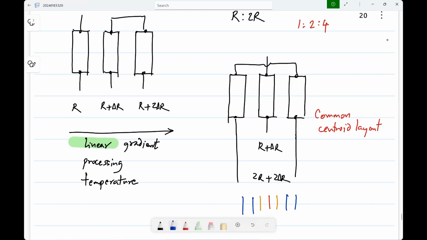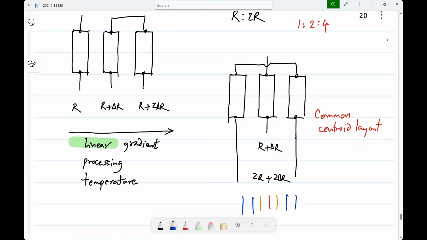Just because you know some complicated technique, it doesn't mean you should use that. Simplicity is one of the most important characteristics of design. If you use the simplest thing that works, that's probably going to be the most reliable design. So you use common centroid if necessary.